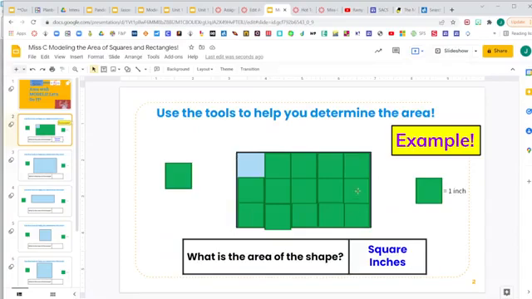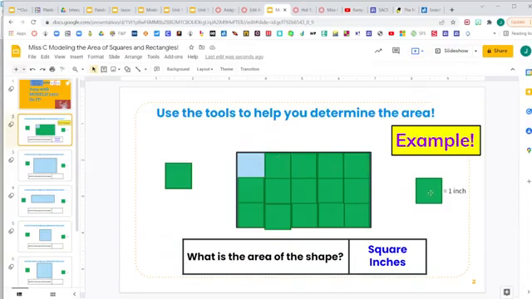So in our rectangle, the area means that we are measuring the space inside of our shape. So the perimeter, we were measuring the outside, and the area means that we're measuring the space that's inside of the shape. And we do that by thinking about breaking up the space into tiny little squares.